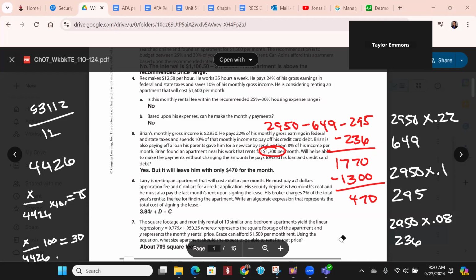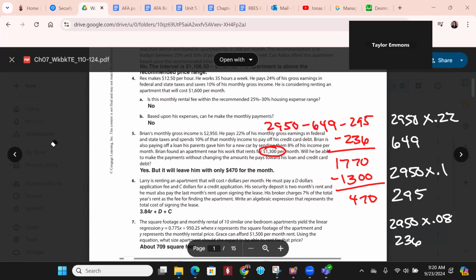On number 7, it says the square footage and monthly rental of 10 similar one-bedroom apartments yield the linear regression, this, where X represents the number of square feet and Y represents the monthly rental price. Grace can afford $1,500 per month. How big is the apartment that she could afford? So the way you do this is you take the equation. What did it say Y was in the equation?